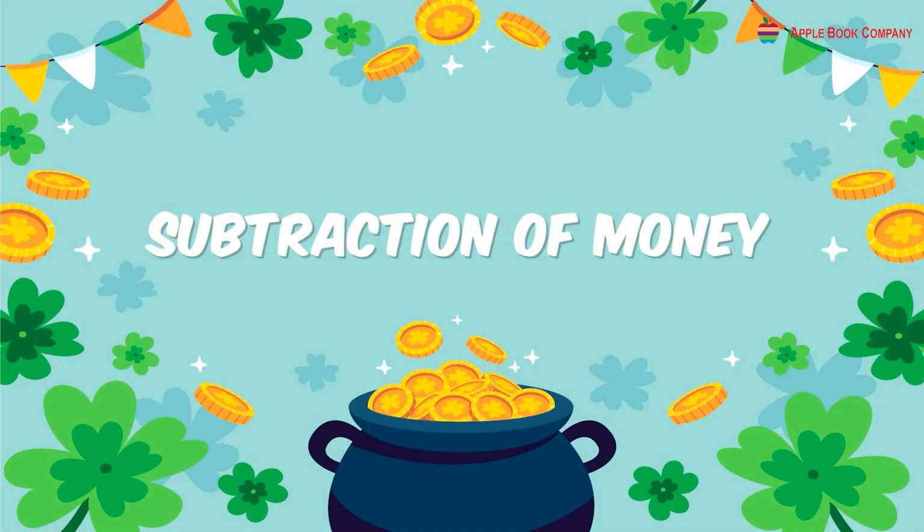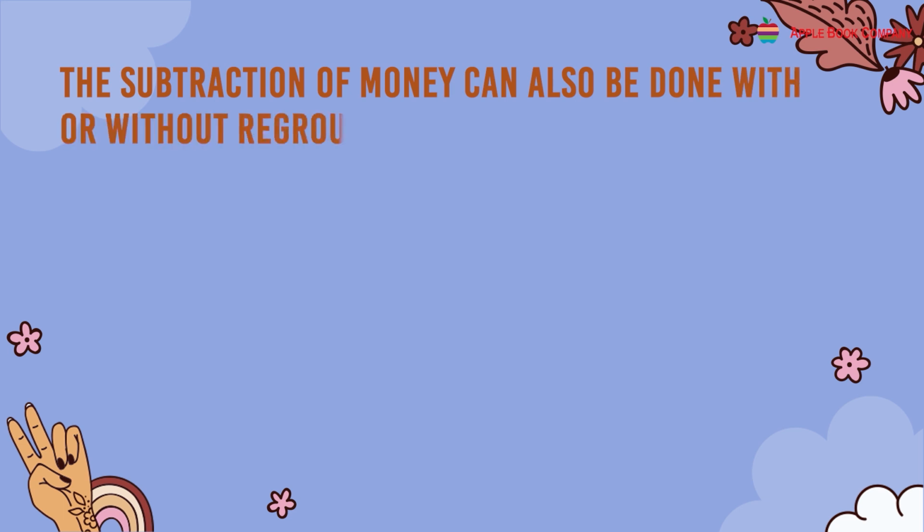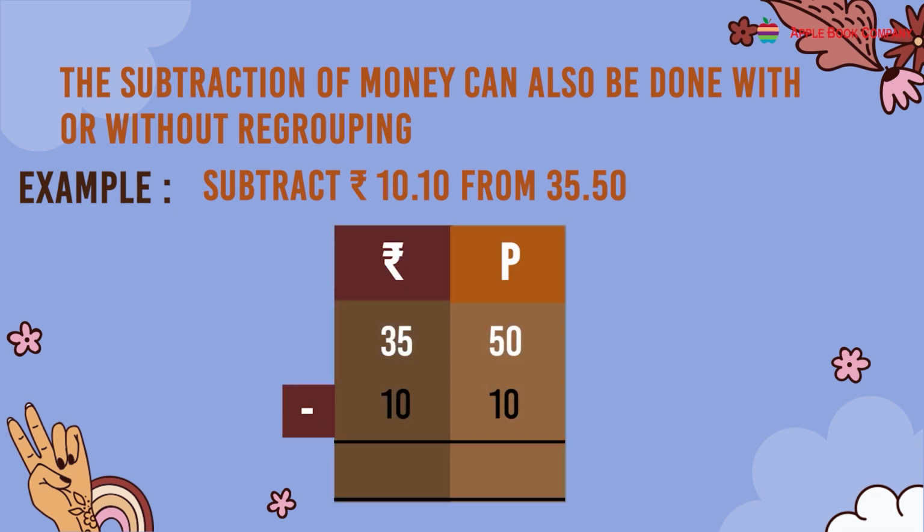Subtraction of money. The subtraction of money can also be done with or without regrouping. Example, subtract 10 rupees 10 paise from 35 rupees 50 paise. So 35.50, 10.10. So first subtract paise. 50 minus 10, 40.